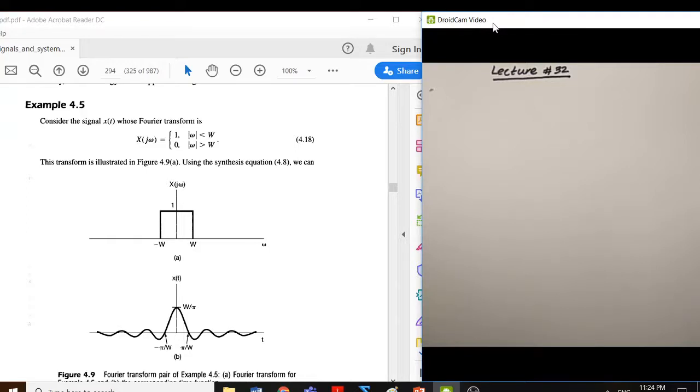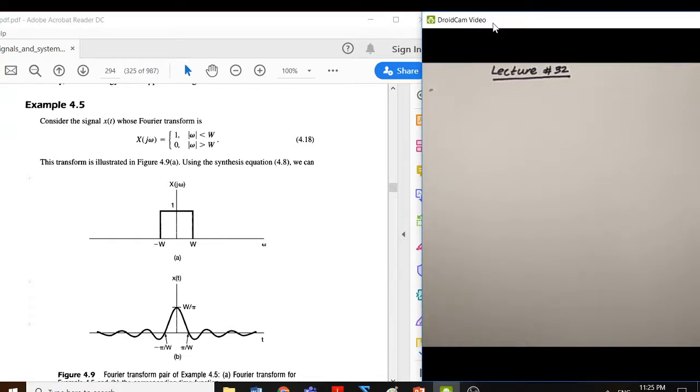We have seen that Fourier transform so far. In fact, we have seen that Fourier transform is used to observe the frequency content of an aperiodic or a finite energy signal. We have seen through different examples how to determine Fourier transform for a time domain function.